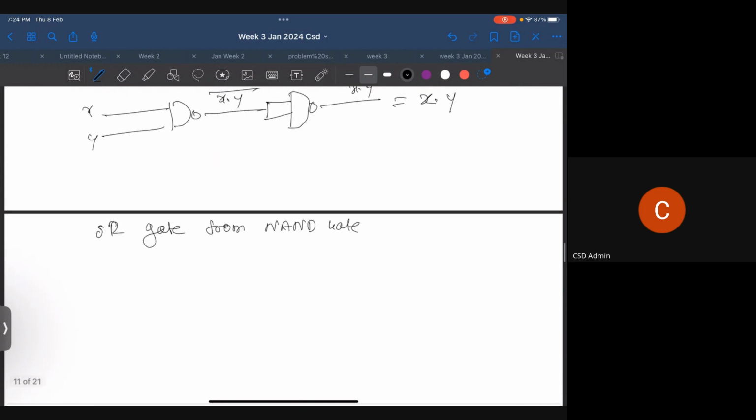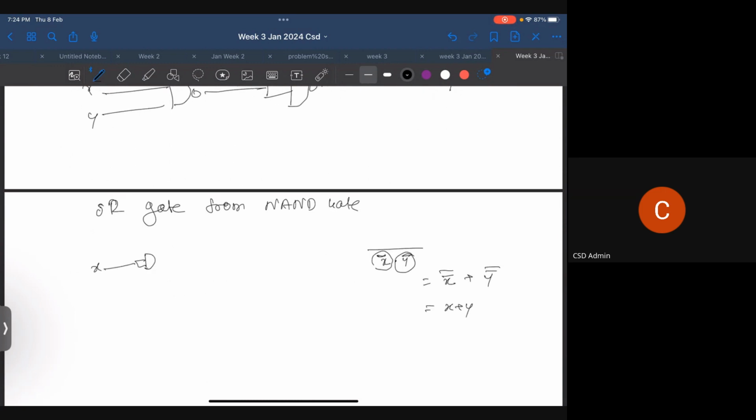Suppose X bar dot Y bar. If you take the whole bar, what are you getting? You're getting X plus Y: X bar bar plus Y bar bar equals X plus Y. Correct? So first we have to design X bar and Y bar.